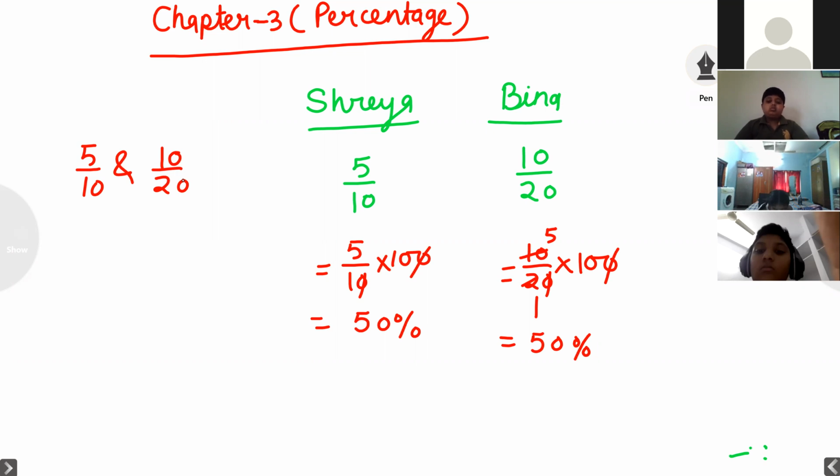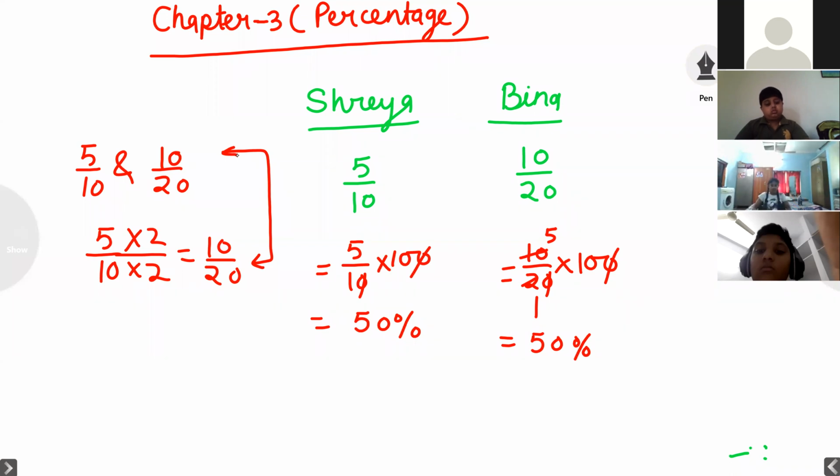If the same number is multiplied or divided with the numerator and denominator, that is called an equivalent fraction. Then both were very happy. Yes, we got equal percentage. Understood, everyone? It means percentage is nothing but a special type of fraction concept.